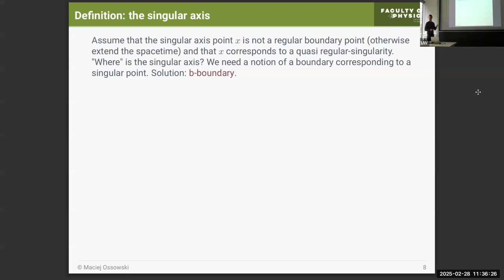So if I'm traveling along some curve, then if I arrive at some boundary, either I can continue through it, and then it would be a regular boundary point, or I cannot continue traveling on this curve, and then this would correspond to some kind of singularity. A similar notion to the b-boundary is the so-called g-boundary, where we consider the endpoints of geodesics. However, in the b-boundary, we consider endpoints of any curve.